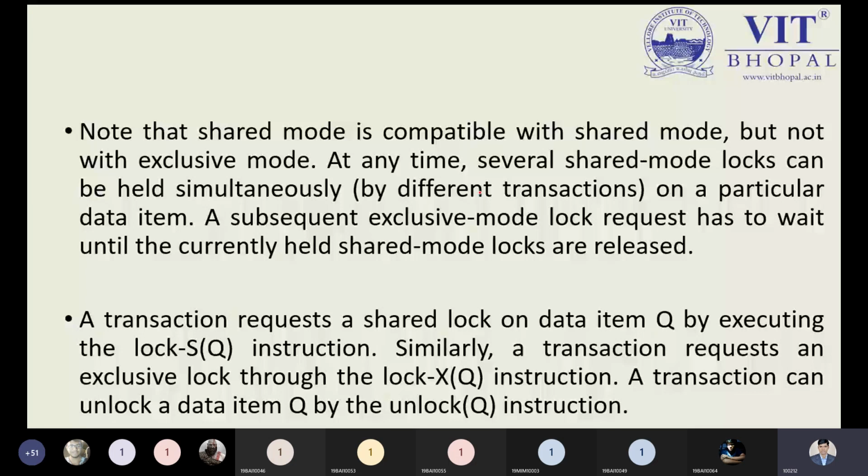A transaction can unlock the data item Q by using unlock(Q). There is no need to specify unlock-X or unlock-S; we use only unlock(Q).